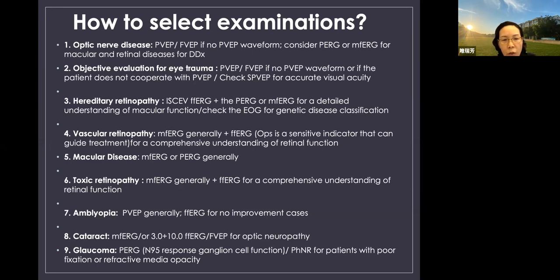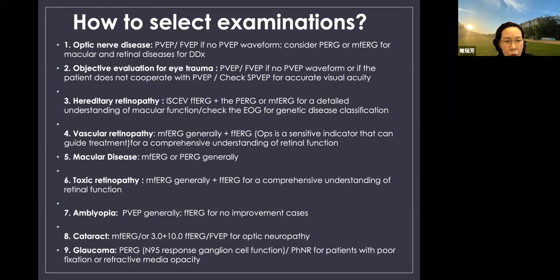In order to monitor the treatment, pattern VEP is a good choice. But if the patient is supposed to have amblyopia but does not improve after a long time of treatment, we need to do an ERG, because they may have other retinal or optic nerve diseases we do not know about. If we do ERG, we may find some rare hereditary retinopathy.